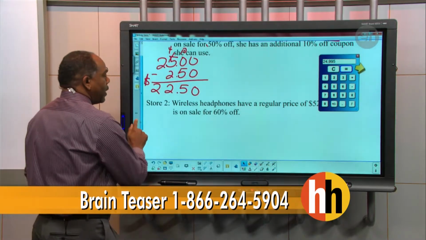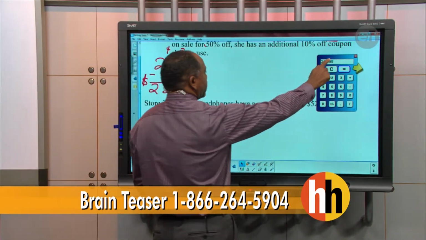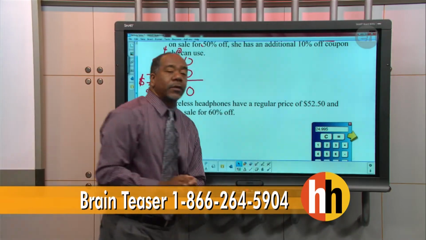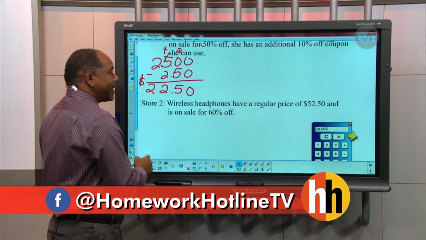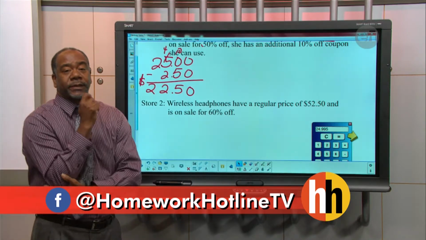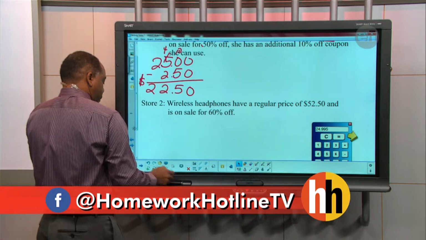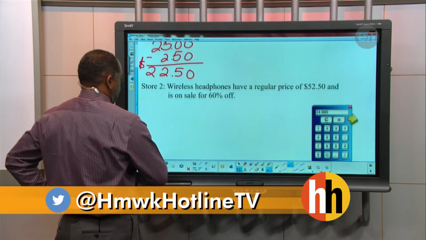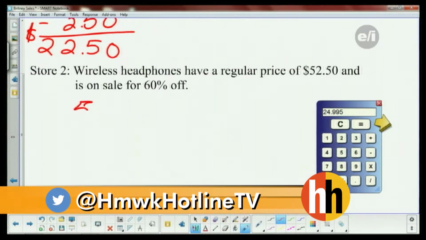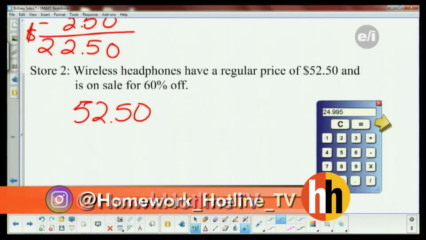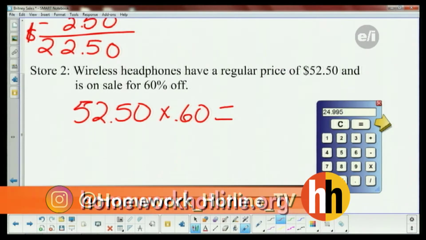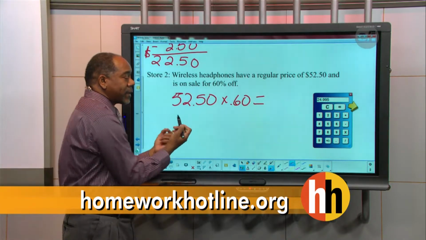The other store had a regular price of $52.50, but this is on sale for 60% off. There are a couple of ways we can do it. One way has us doing this: I could take the $52.50, multiply it by 60%, which I'm going to write as a decimal, and then subtract the value I get because it's a discount.